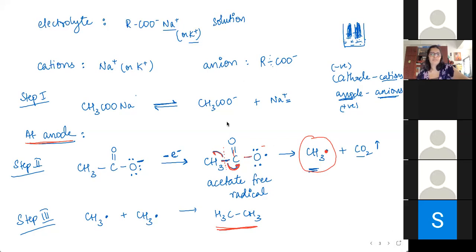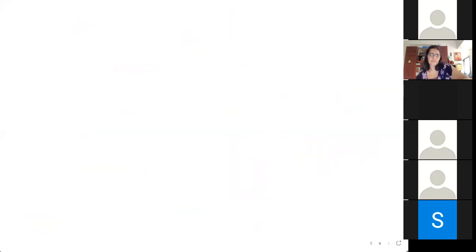Okay. So apart from this, you also have water in the solution. So let's see at the cathode. If water were to ionize, what ions will you get?